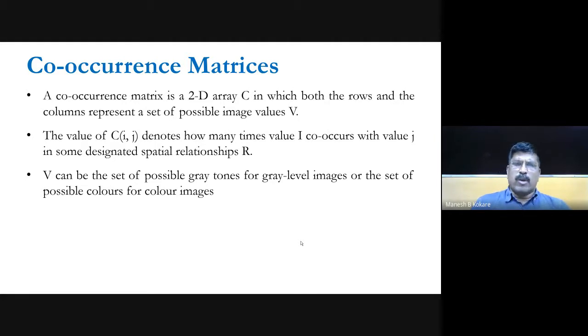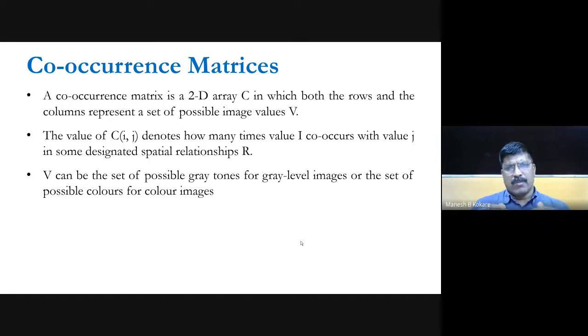So the value of Cij denotes how many times the value I co-occurs with value J in some designated spatial relationship R, right?